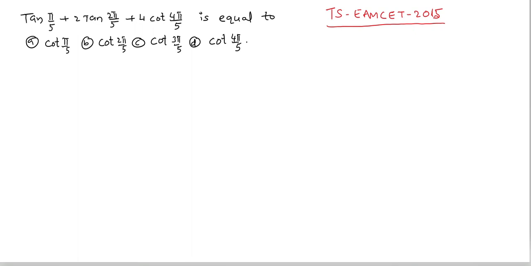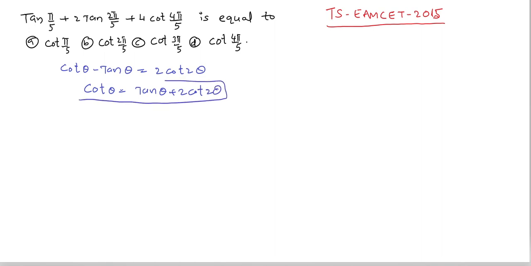tan pi by 5 plus 2 tan 2 pi by 5 plus 4 cot 4 pi by 5 is equal to dash. TSM set 2015 question. We know the formula, that is cot theta minus tan theta is equal to 2 cot 2 theta. From this, cot theta is equal to tan theta plus 2 cot 2 theta.